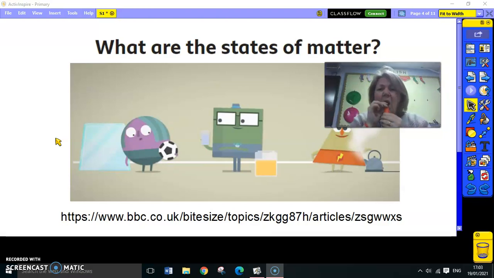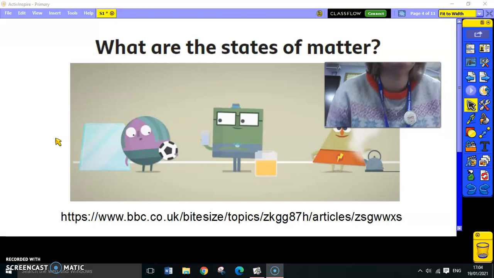But actually, when I blow it up and let it go, what state of matter do you think that is coming out of the balloon? I've also got my bubble wand here, if I can get it to work. So what states of matter have I got there as well, do you think? I wonder.